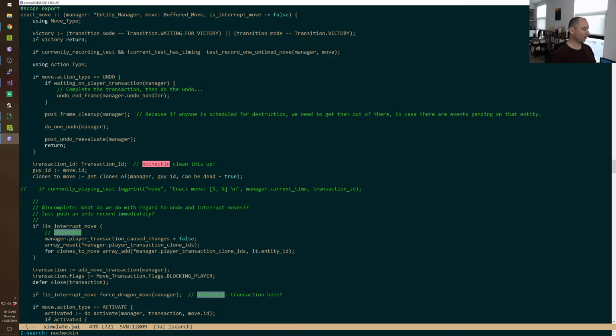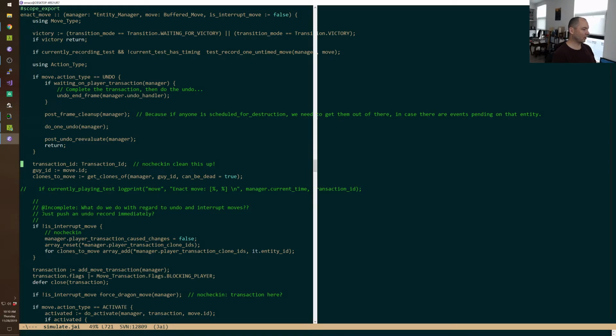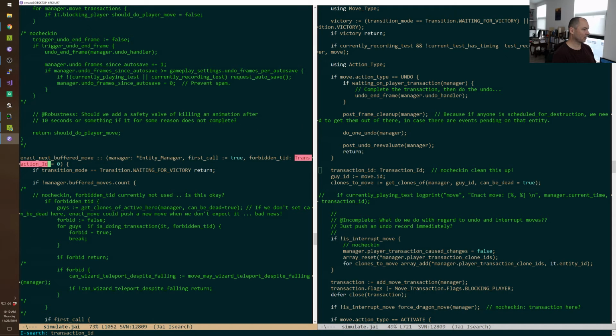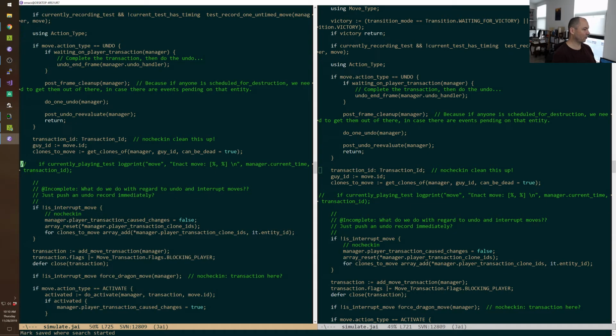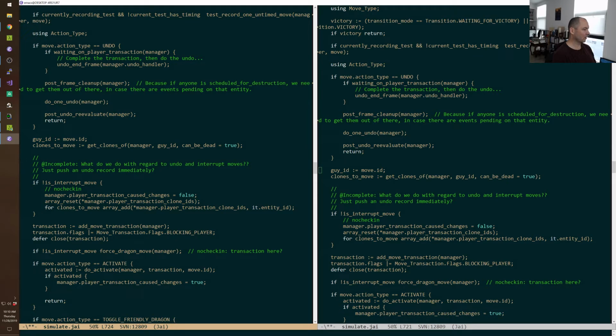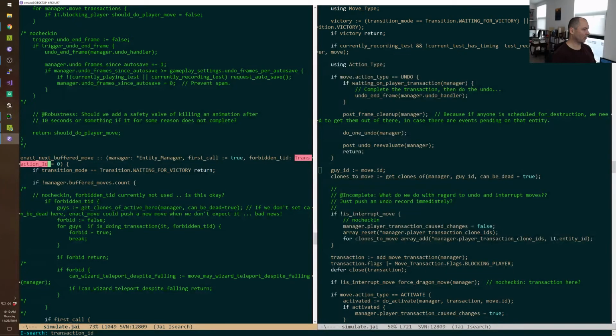What is this transaction ID? It's not used. Easy. Need to, that's a legit thing to think about there.